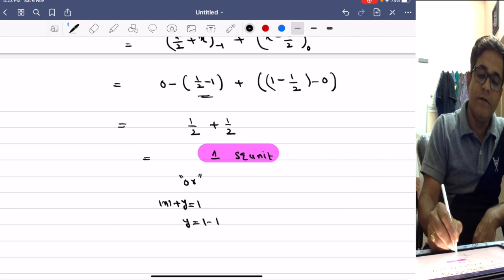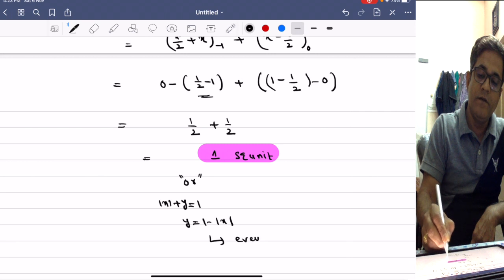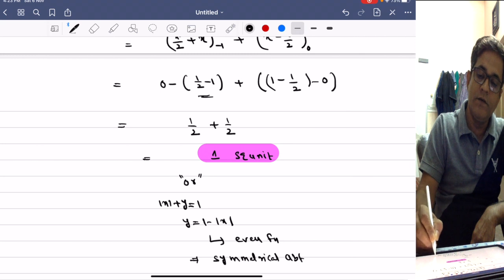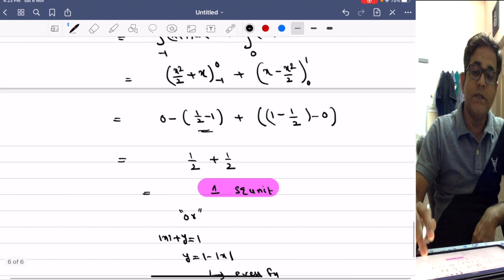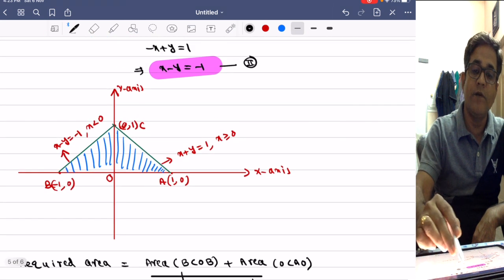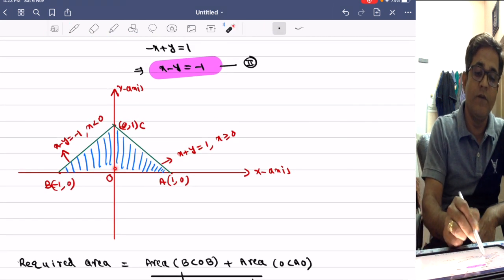So it's an even function. That implies it is symmetrical about the y-axis. As it is symmetrical about the y-axis, from the graph we can see it is symmetrical about the y-axis.